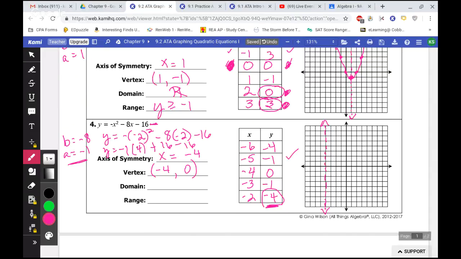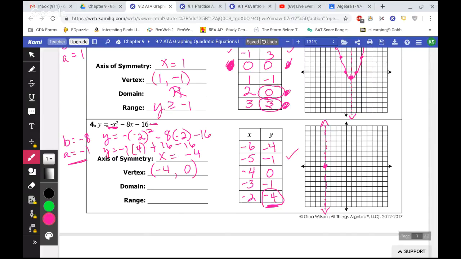Our vertex is negative 4, 0, so it sits right here. And our a, is it positive or negative? Negative. So do we have a frowny face parabola or a happy face parabola? Frowny face. It's negative.